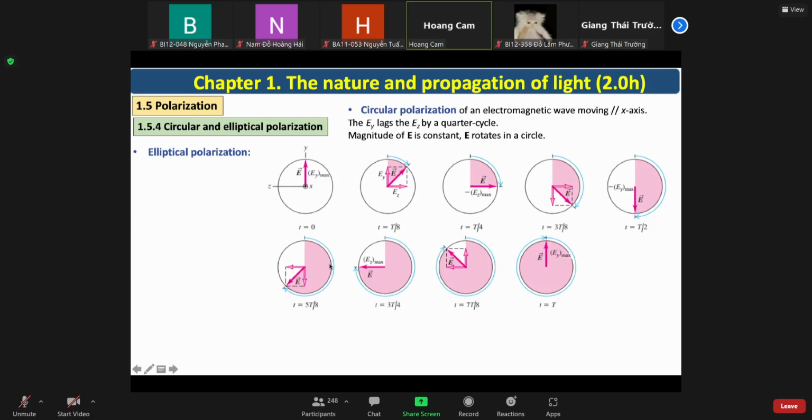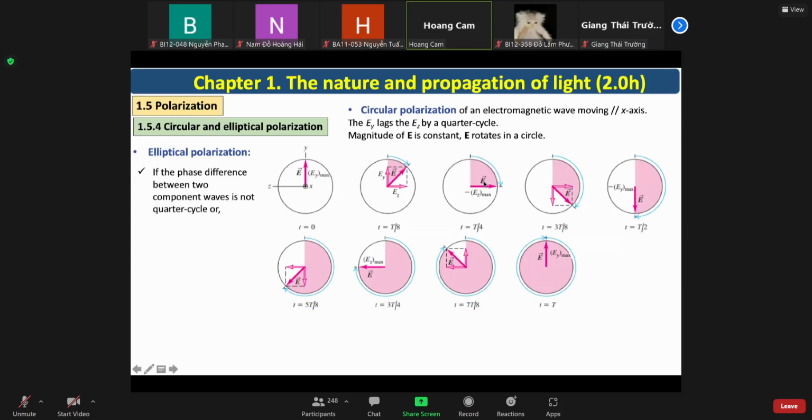And the circular polarization can be transformed into the elliptical polarization. So we see here the two components we need to consider are EY and EZ, and also the phase difference between them. This circular polarization can be transformed to elliptical polarization if the phase difference between the two component waves is not a quarter cycle anymore.